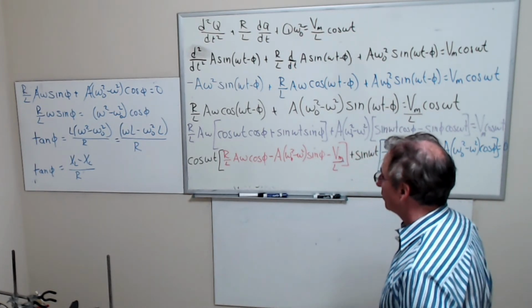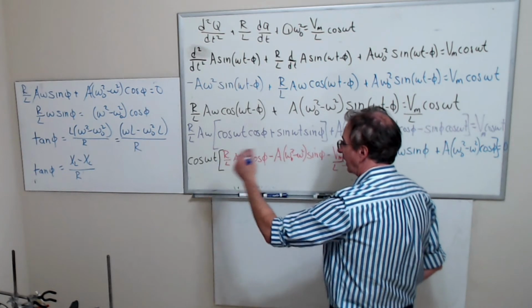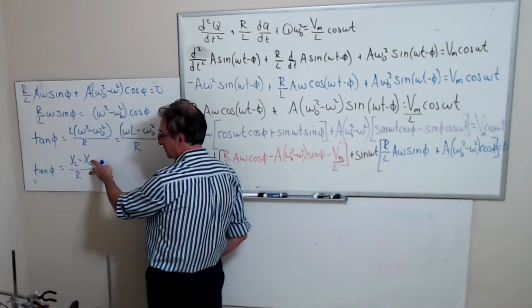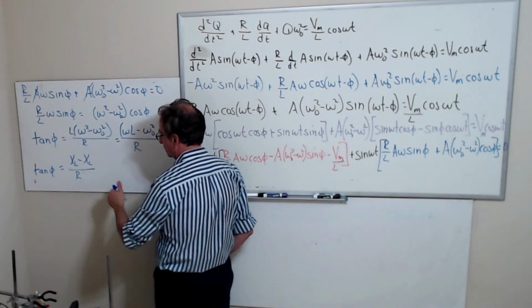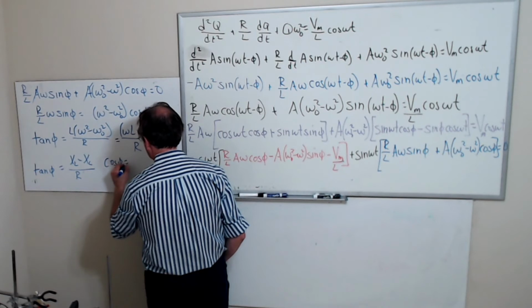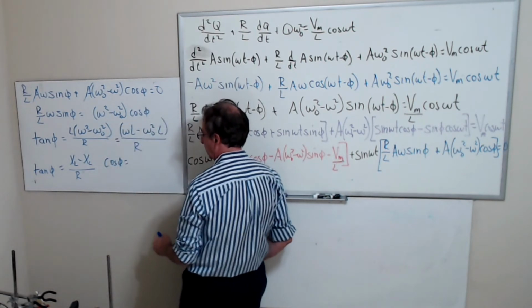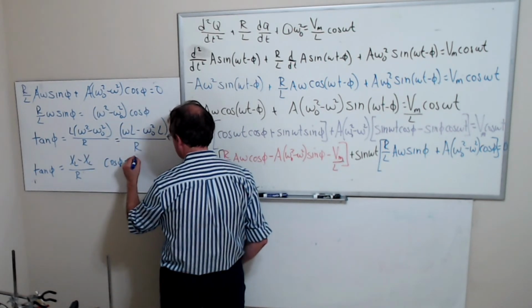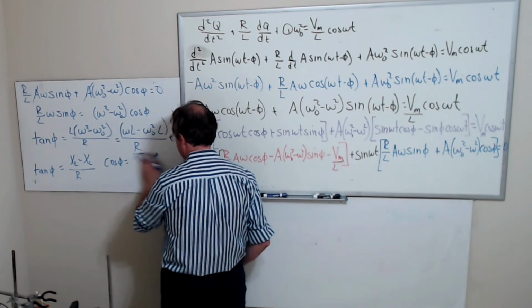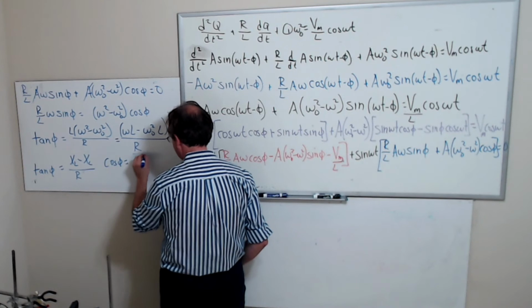Okay, so now we have tangent of phi. I should also say that since I know tangent of phi, and if this represents opposite over adjacent, then cosine of phi is going to be adjacent over hypotenuse. Adjacent over hypotenuse.